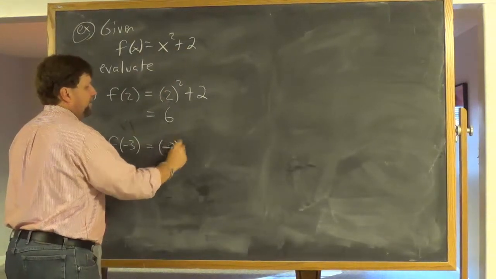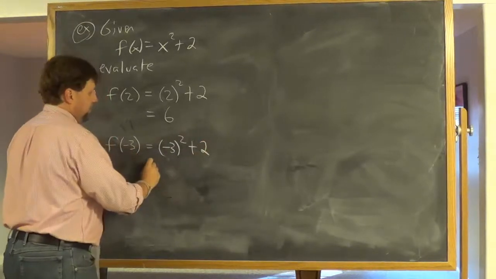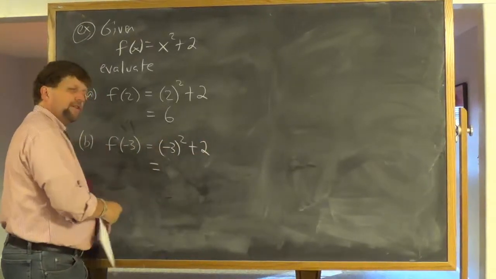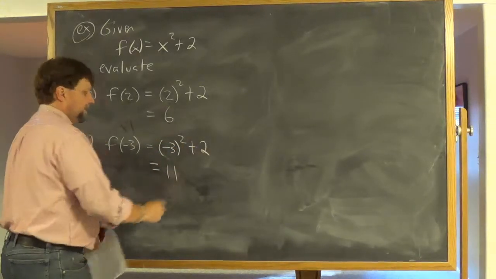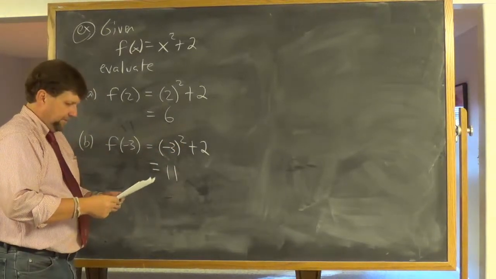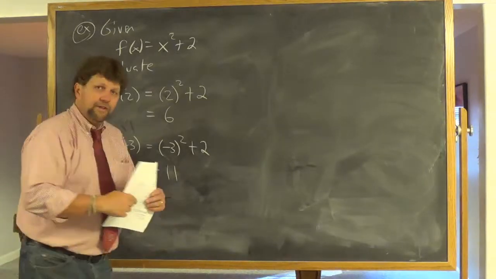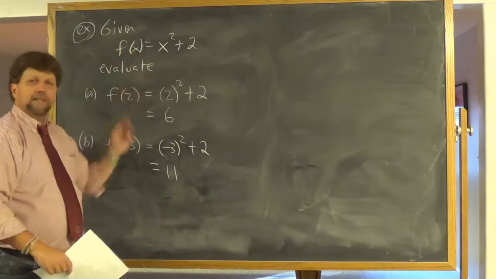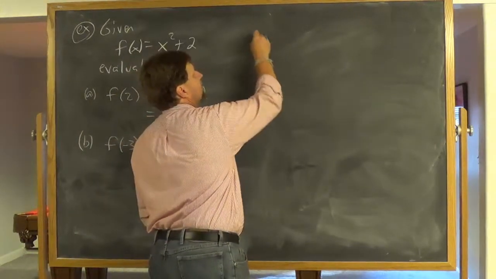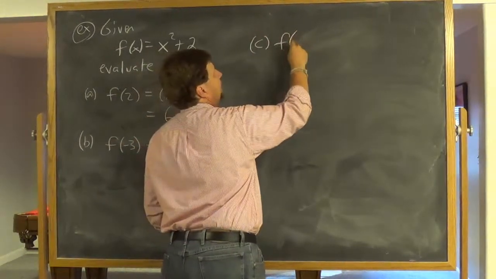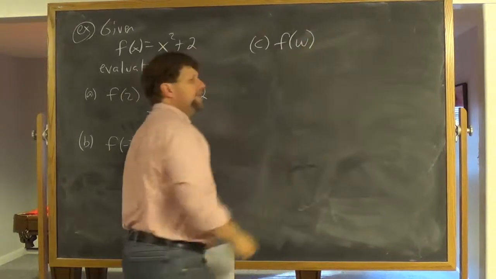So you'd have -3 squared plus 2. -3 squared is 9. So 9 plus 2 is 11. So hopefully you're seeing the process. It's just simply substituting in. So if you see something like this, evaluate the f of w.